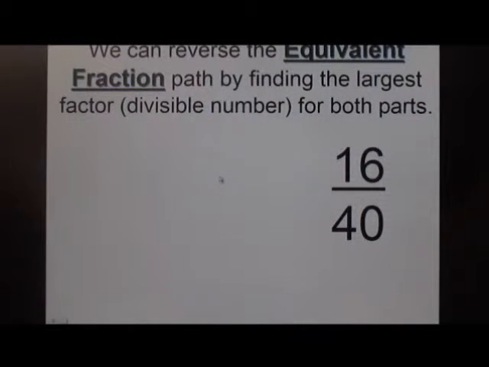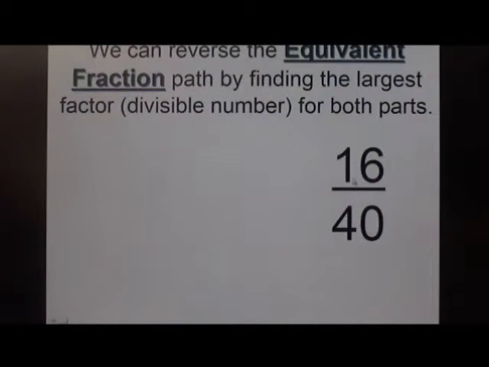Now here's a fraction that is not in simplest form, 16/40. And what we're going to do is reverse the path of equivalent fractions. Remember when we were talking about and working on equivalent fractions, we started with the simplest form of the fraction, and by gaining multiples in both the denominator and the numerator, we went higher and higher and higher, and also concluded that you could go on forever.